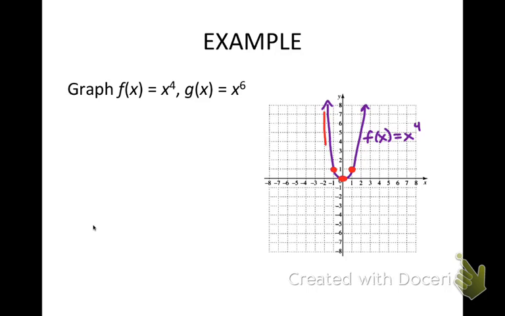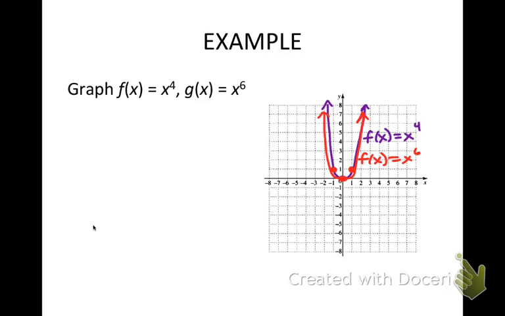So we're just going to really flatten it out. So f of x is equal to x to the 6th. All right. So we've got the pattern of our two shapes. What would happen if I put negatives in front of both of those? They would go upside down.